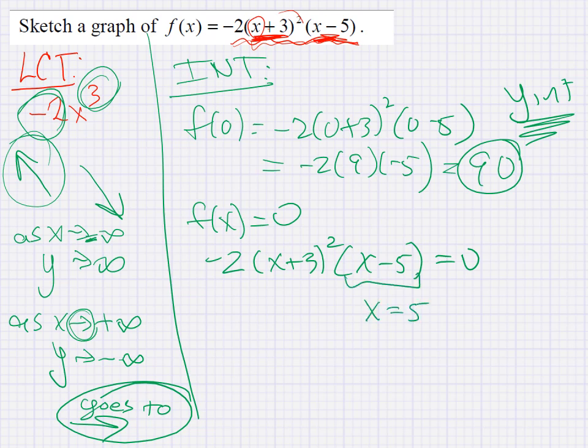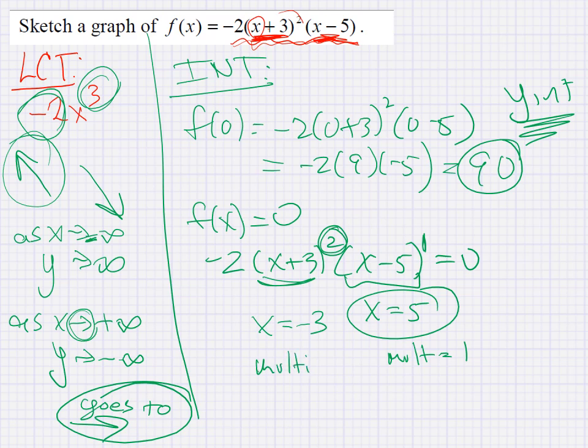Notice this factor is to the first power, so that has a multiplicity of 1. This would give me x equals negative 3. Notice the power on that is 2. So this is multiplicity of 2.